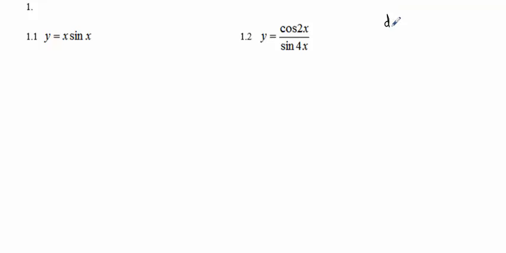where we are required to determine the first derivative dy/dx. By now, assume that you know all the basic rules of differentiation, let's say the power rule. Given y equals x to the power n, we know that the derivative of this is n multiplied by x to the power n minus 1.